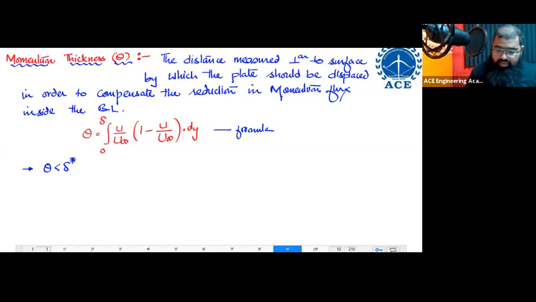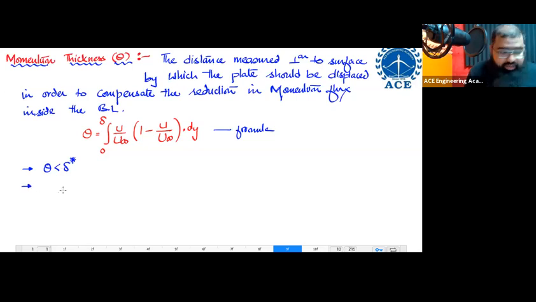Now I am actually multiplying this part to delta star, which is always less than 1. U by u infinity, see, it is always less than 1. So delta star is being multiplied by something which is less than 1. Automatically theta will be less than delta star.